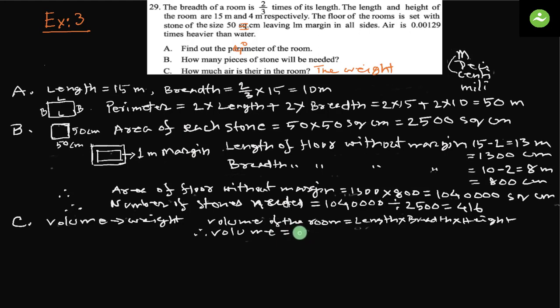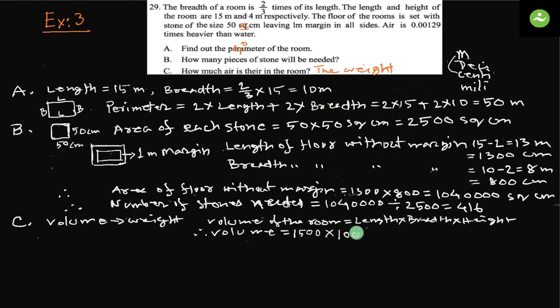Therefore, volume equals, we are going to do it in centimeter, because we have to find the weight of air from the weight of water. They said air is 0.00129 times heavier than water. 1500 multiplied by, what is the breadth? 10 meter.